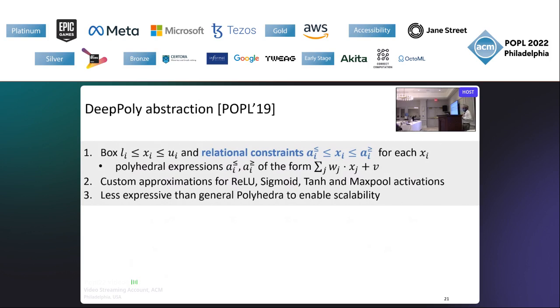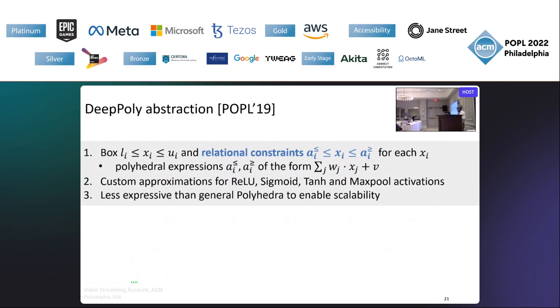What this abstraction does is a very custom form of polyhedra. The restriction over polyhedra here is that polyhedra can have an infinite number of constraints in general, so they can support any kind of linear relationship between neurons in the network. To gain scalability, we restrict the number of constraints in the domain.